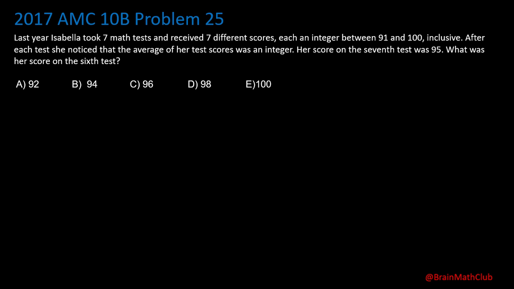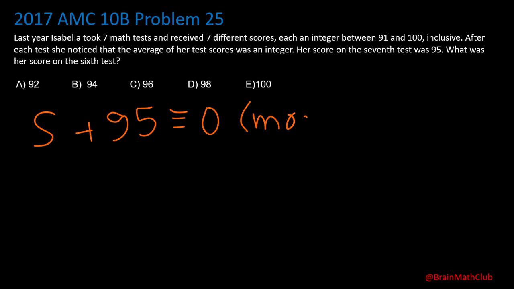So to solve this problem, I know that if S is the sum of the first 6 math test scores, then S plus 95 is congruent to 0 modulo 7.